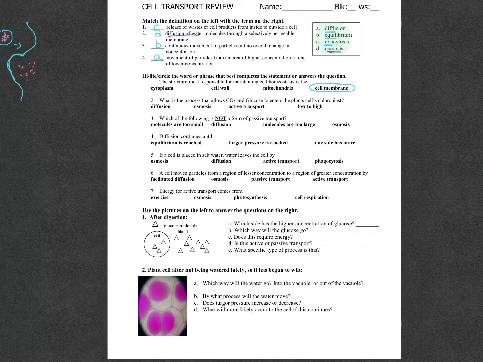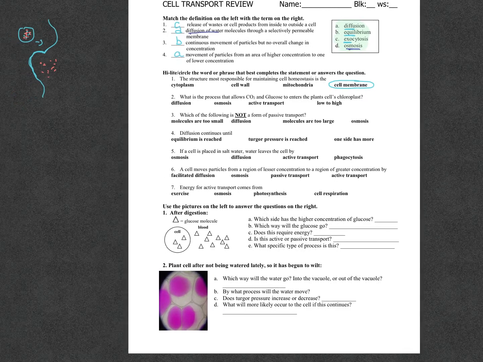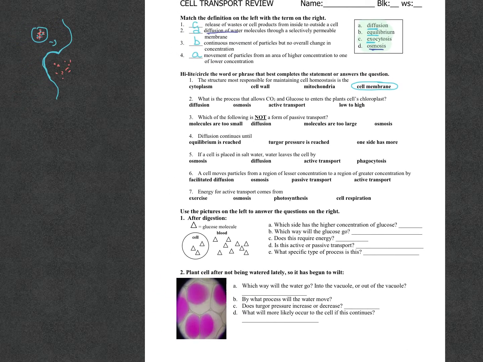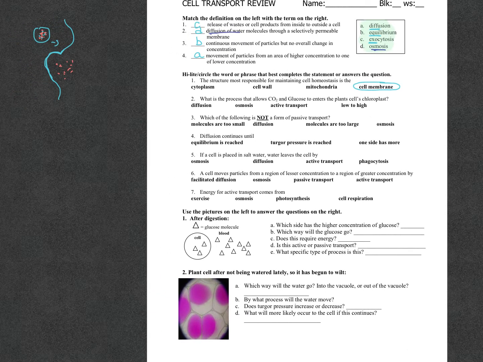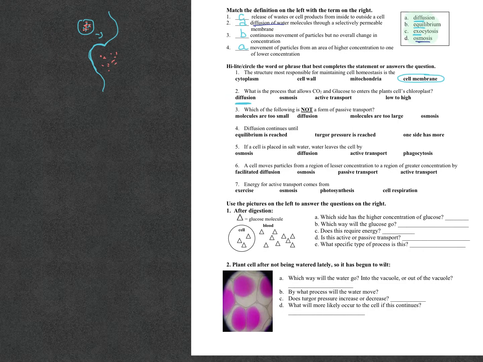What is the process that allows CO2 and glucose to enter the plant cell's chloroplast? CO2 and glucose enter the chloroplast. Well, the general term is going to be diffusion, and it's the best answer that you have here.